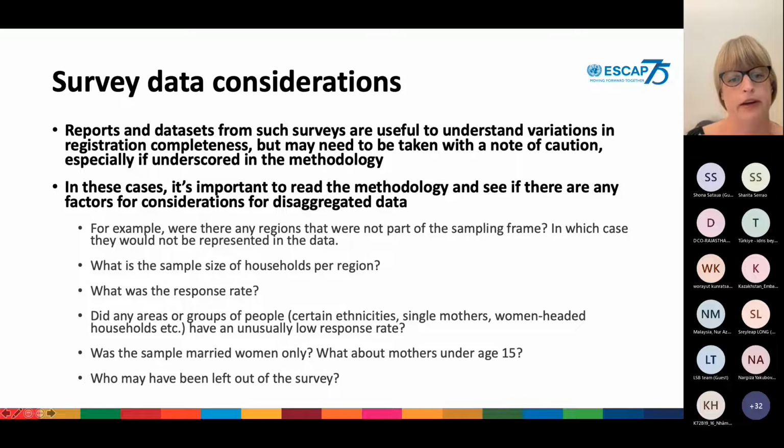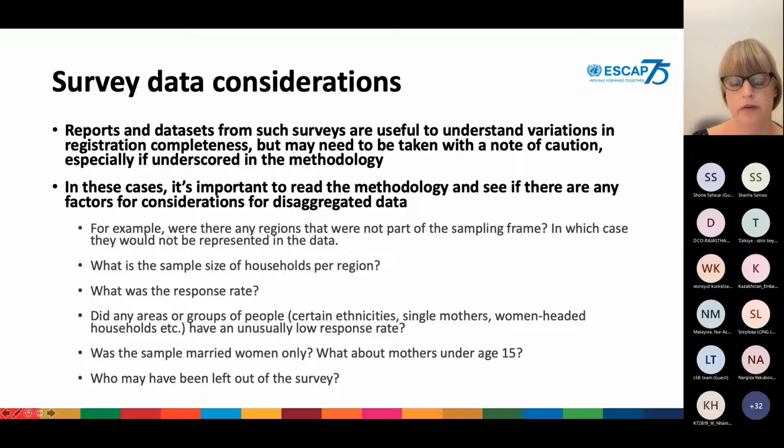Also, we want to understand the sample size, perhaps of households in a certain region we're interested in. Was it large enough for us to have confidence in our data, especially if we're looking at specific subpopulations or ethnicities? And we also want to understand the response rate.